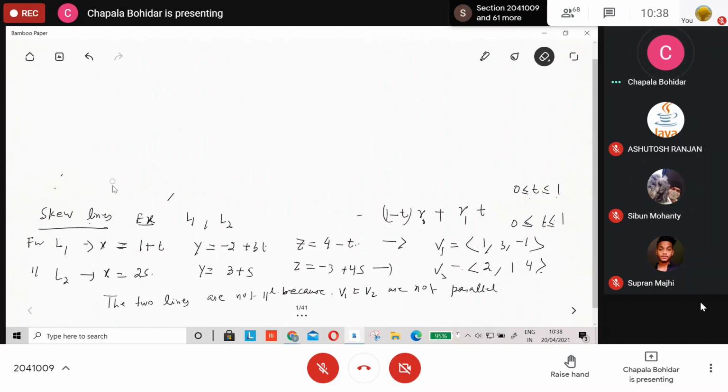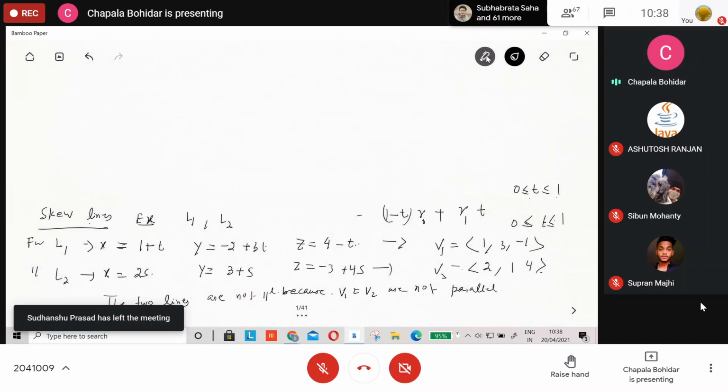How do we solve? Always we think that if they are not parallel they must intersect. But let us see here.